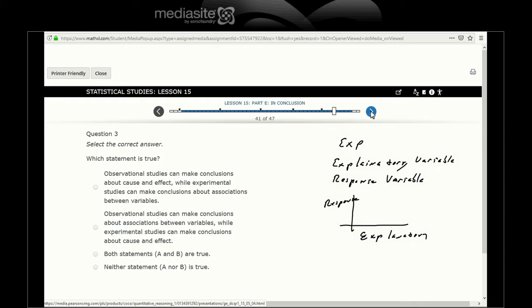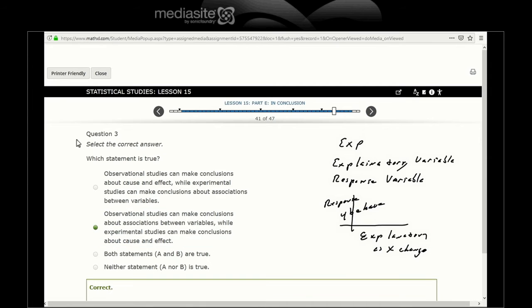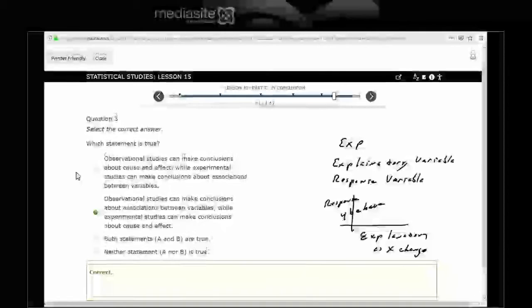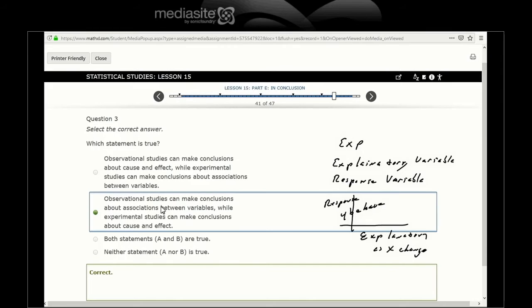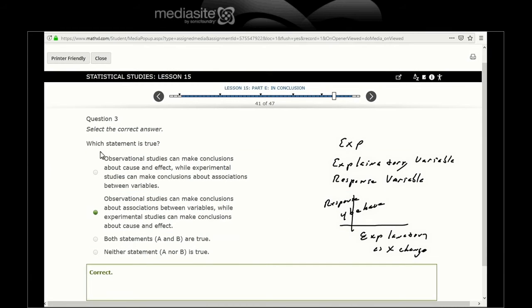As I change X, how does Y behave? That's an experiment. So, process of elimination, B then. So it says correct.